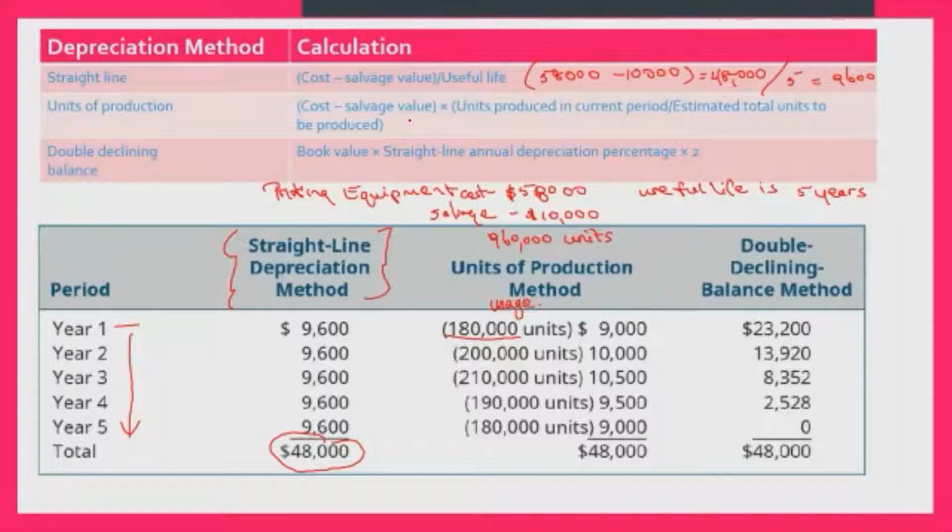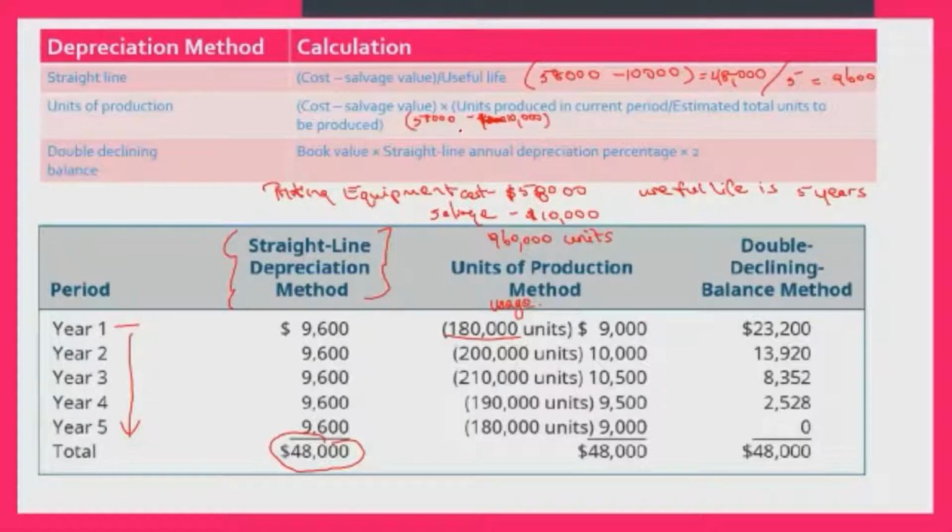Cost is 58,000 minus the salvage value, 10,000.